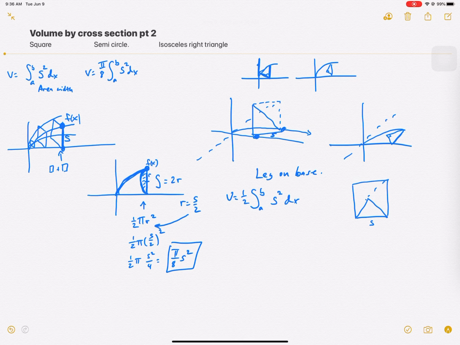We said we would break this up into 4 triangles instead, because this is a 45, 45, 90 triangle. So the area would be 1 over 4 s squared. That's reflected in our volume equation because it's just 1 over 4 integral from a to b of s squared dx.